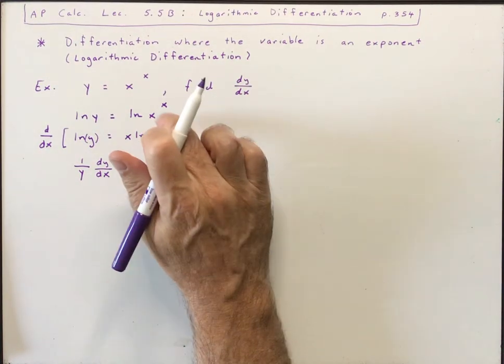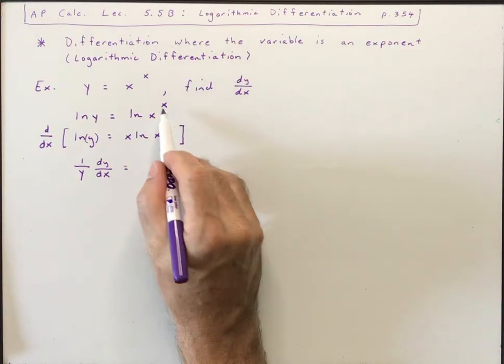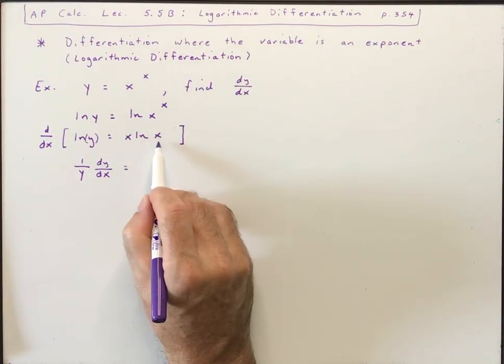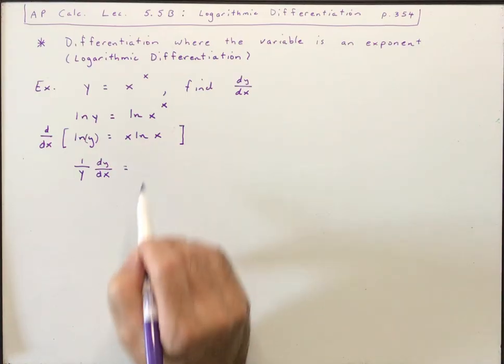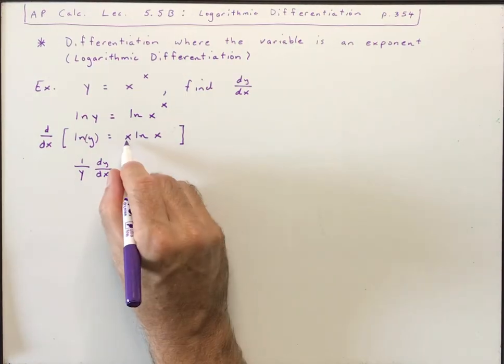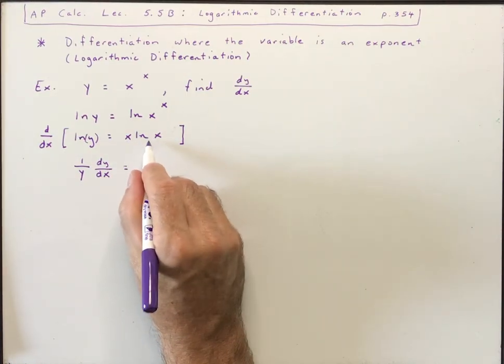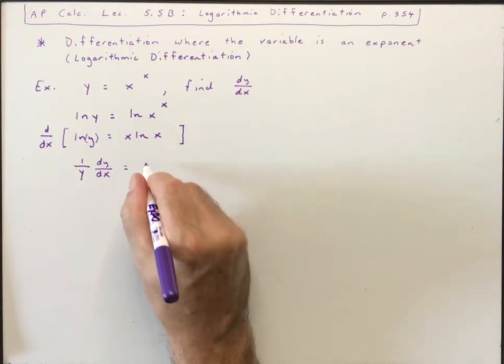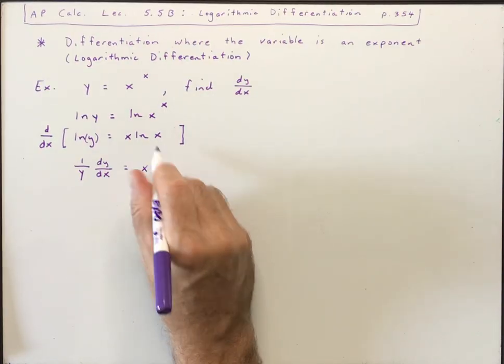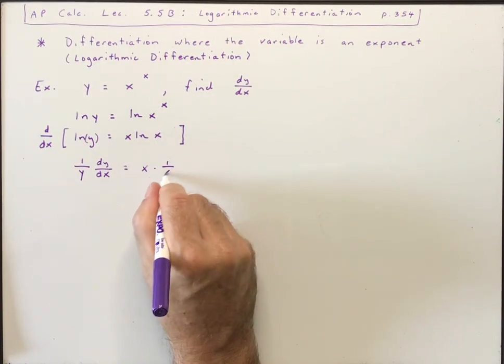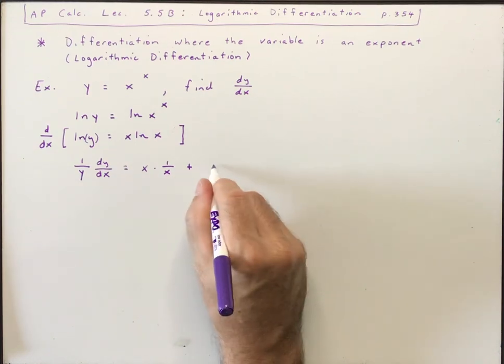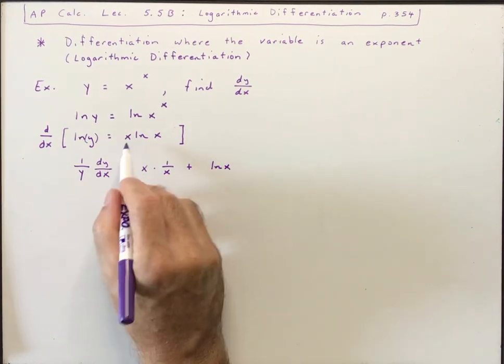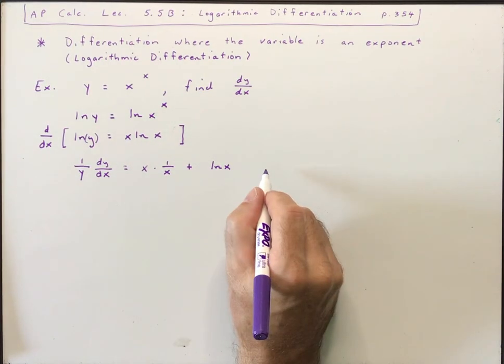We brought that down, so it's x natural log of x. So this is a product rule. First times the derivative of the second plus the second times the derivative of the first. Well, the first is x. The derivative of the natural log of x is 1 over x, plus the natural log of x, and the derivative of x is 1.